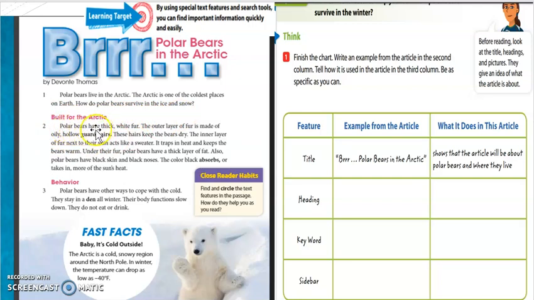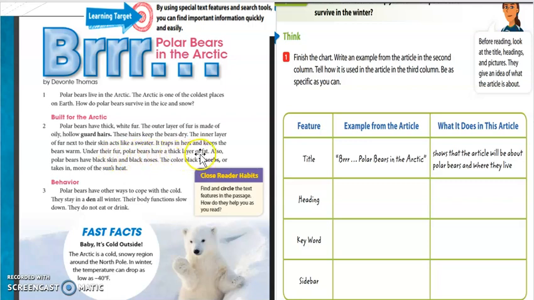Built for the Arctic. Paragraph 2. Polar bears have thick white fur. The outer layer of the fur is made of oily, hollow guard hairs. Guard hairs. I wonder what guard hairs are. These hairs keep the bears dry. Oh, that's what guard hairs are. Good to know. They keep the bears dry. The inner layer of fur next to the skin acts like a sweater.